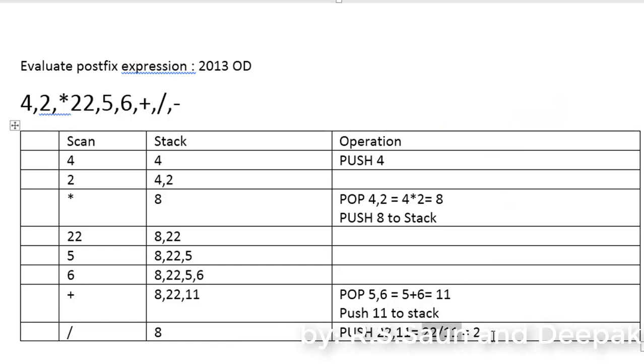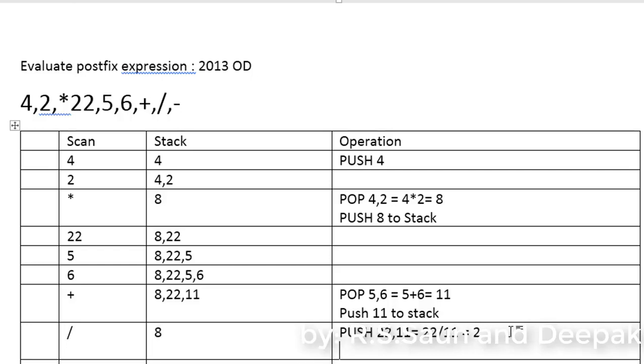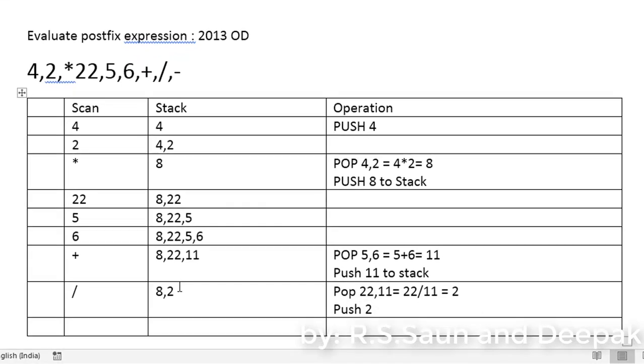Now next, one step I forgot. I have written here wrong. I'll pop two elements and push to here. So your expression becomes somewhat like this: 2, and then we have a minus, and 8 minus 2 is equal to 6.